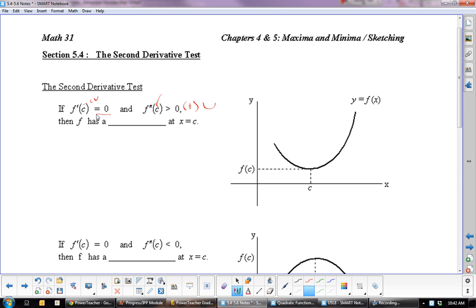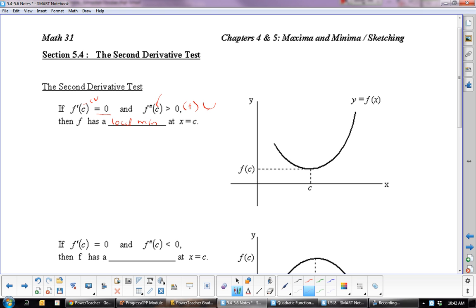Now, if it's concave up at that point, this would have to be a local min, right? Because it's obviously at the bottom there, right?